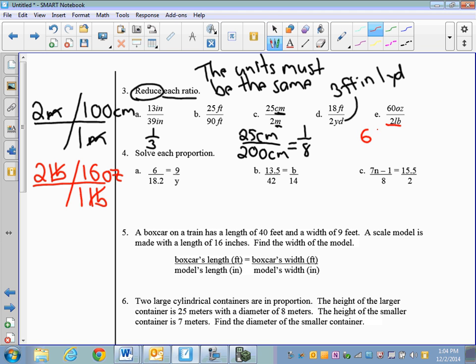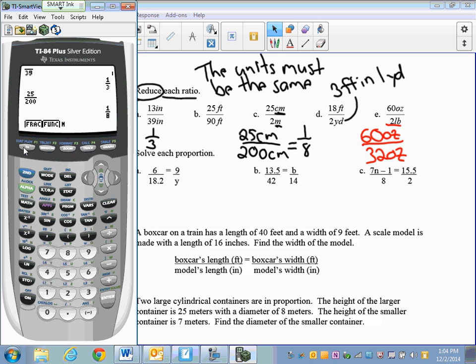So I have 60 ounces over 32 ounces. Alpha y equals enter. 60 over 32 gets me 15 over 8.